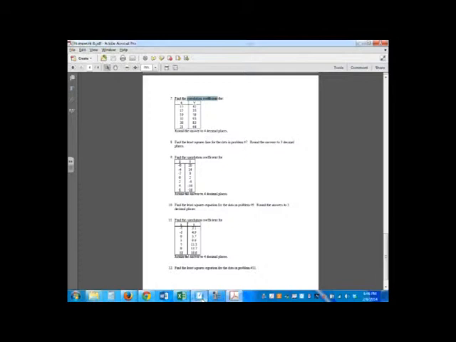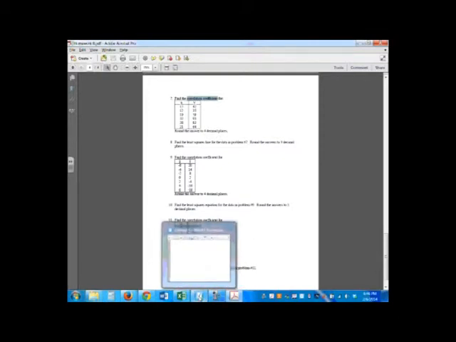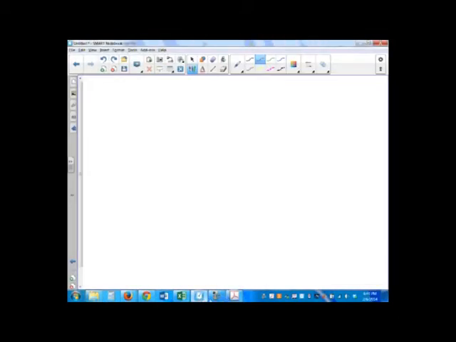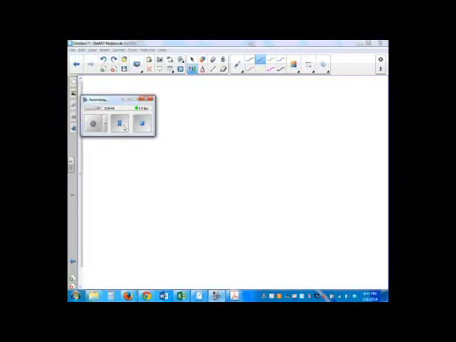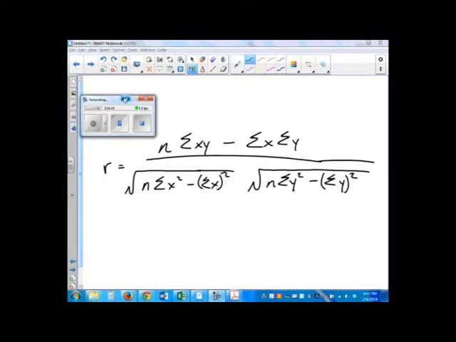Okay, so now that we have our data organized in a little table, it's asking for the correlation coefficient. If we look at that formula on page 670, it looks like a pretty complicated formula. Let me pause here for a second and I will write that formula up here.